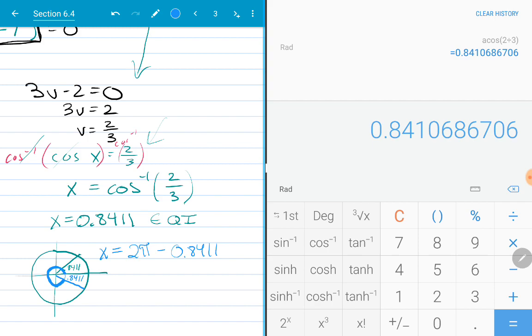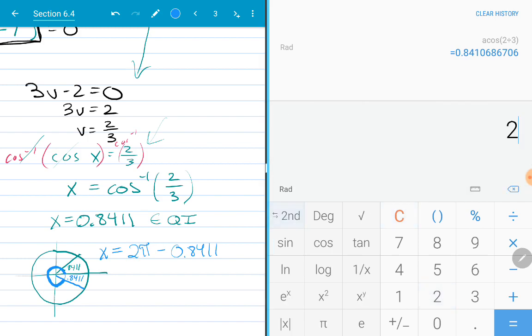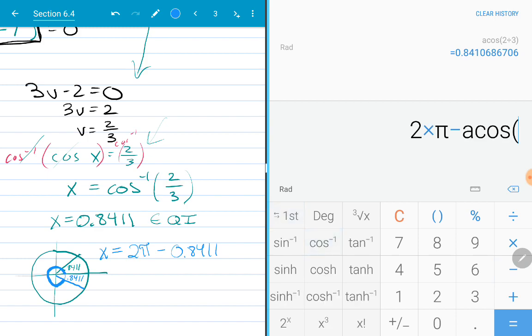So let's clear this and do 2 pi minus the cosine inverse of 2 divided by 3.